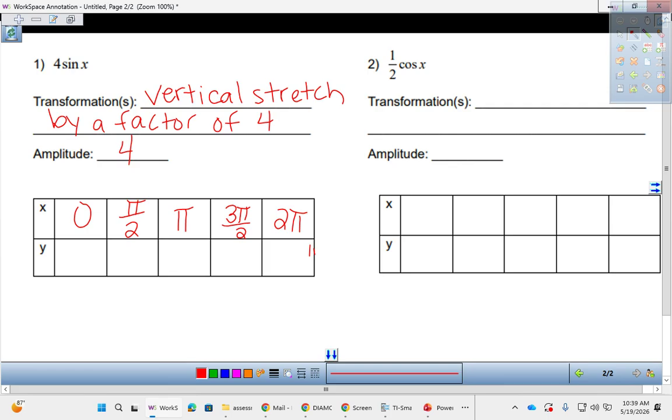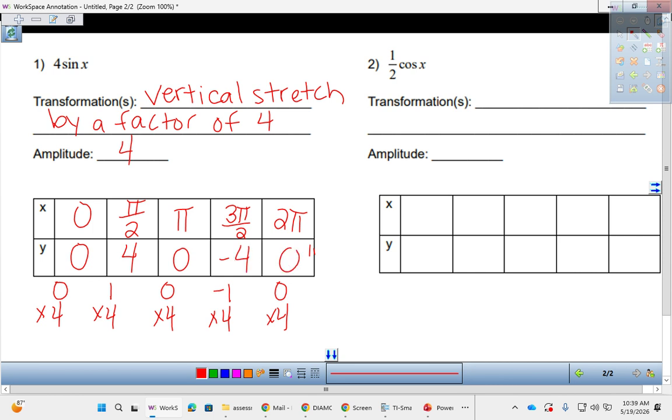It takes all of the y values of the original sine, so the critical points of sine are 0, 1, 0, -1, 0, and it multiplies them by 4, making them 4 times taller. So it's 0, 4, 0, -4, 0 is the new table. You okay with that one?